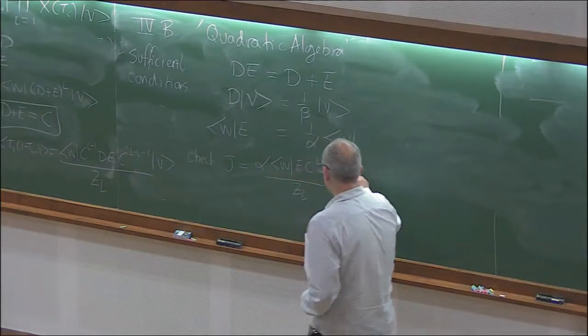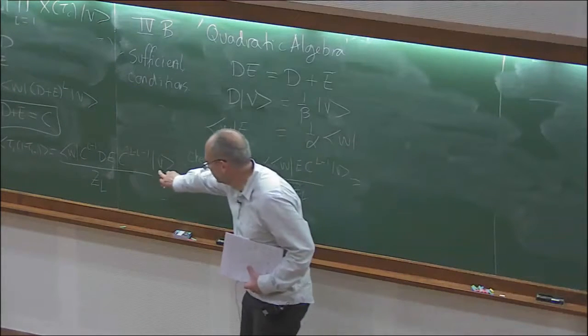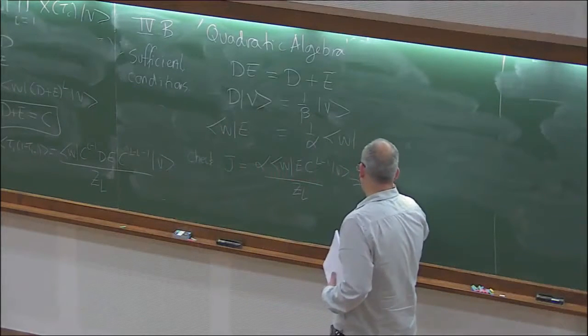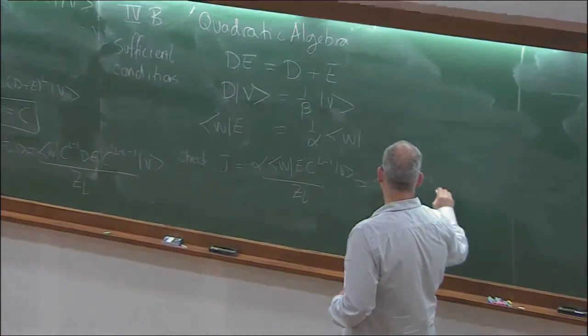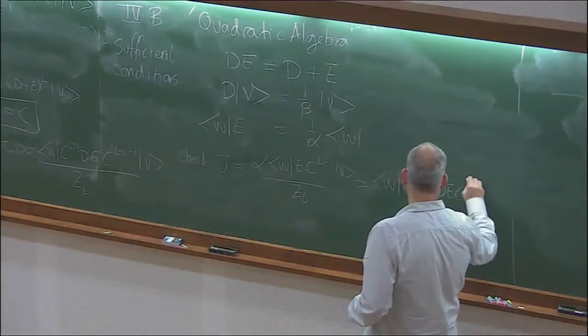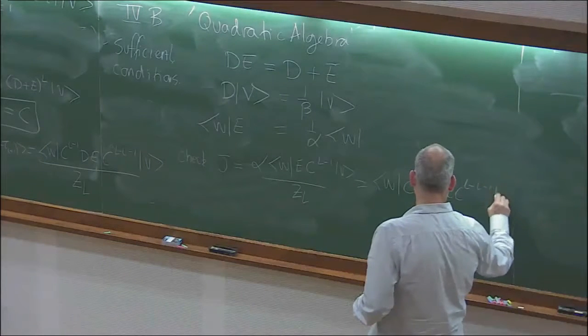And then in the bulk, the current can be written as C to the I minus 1, D E, C to the L minus I minus 1.